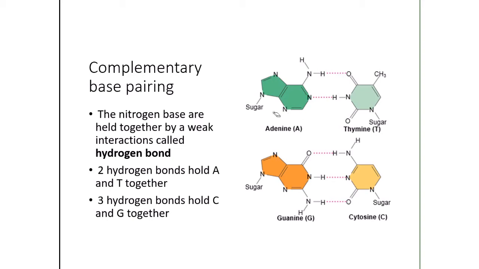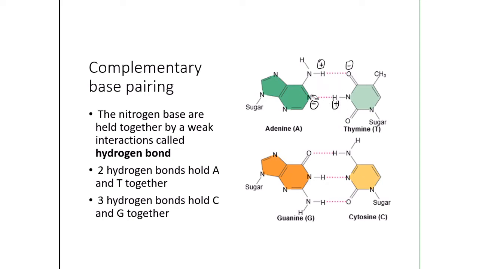So you can see the bases of the nucleotides are going to be held together by these hydrogen bonds. Hydrogen bonds are basically interactions between two separate molecules where one of the molecules is going to be slightly positive and the other is going to be slightly negative. Same thing over here, slightly positive, slightly negative.